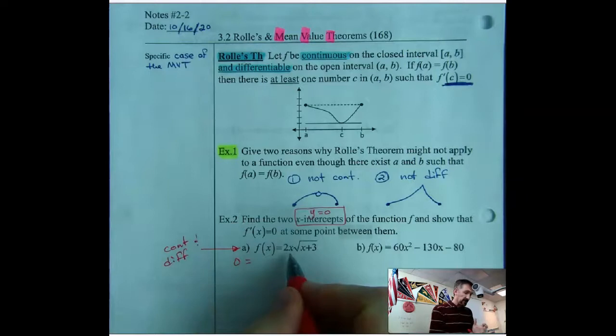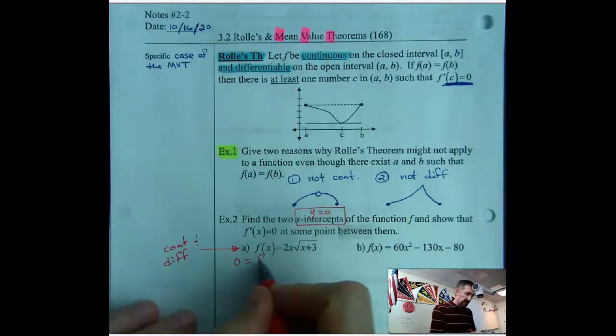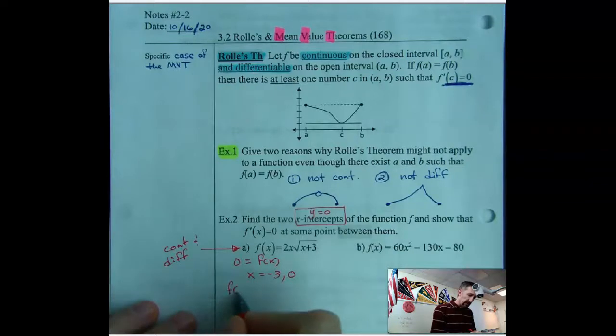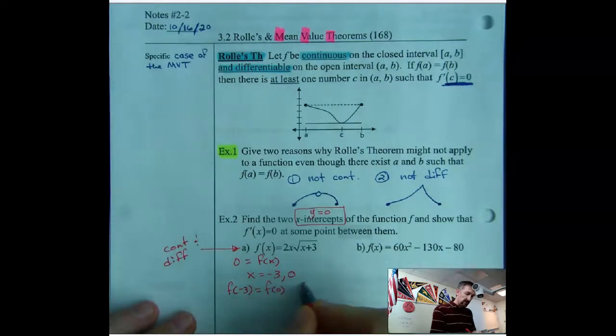So if we set f of x equal to 0, then x is going to be -3 or 0. So f of -3 equals f of 0 on the interval from -3 to 0.